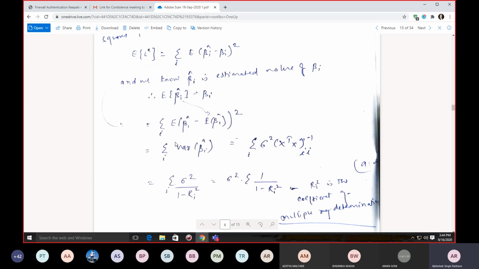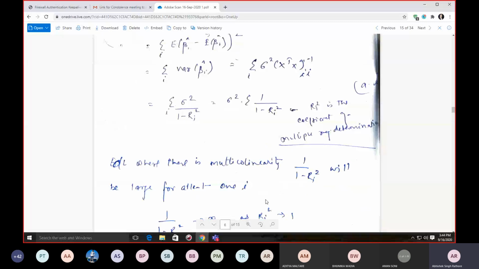What we get is the variance of beta hat i, and the variance of beta hat i is equal to sigma square times x transpose x whole inverse ii. So again we get sigma square upon 1 minus r square, where r square is the coefficient of multiple determination.